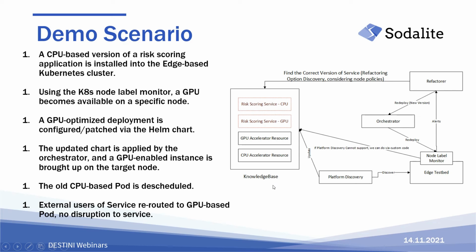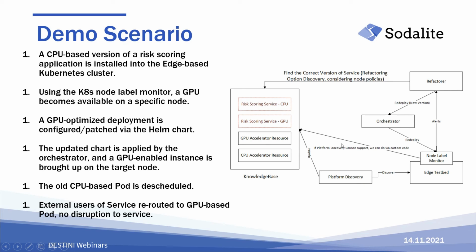In the knowledge base, we have all the information about available resources as well as the components. And these resources, or changes to those resources, can be automatically discovered using the platform discovery service.